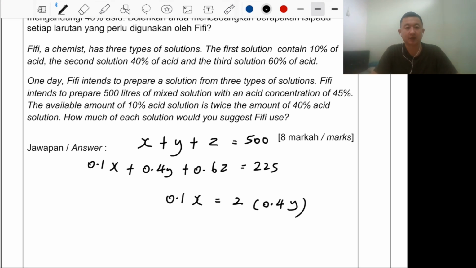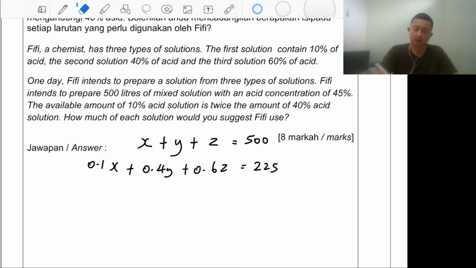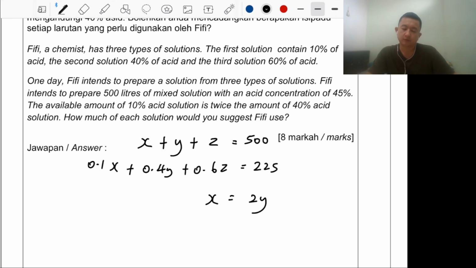That is your third equation, the available amount. So it's about volume, right? The available amount meaning is x equals 2y. Okay, now we can solve everything.